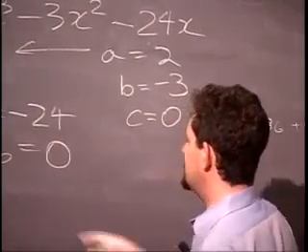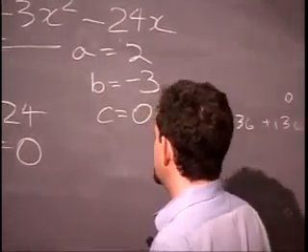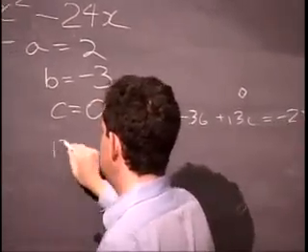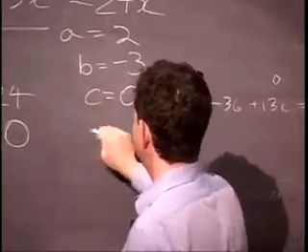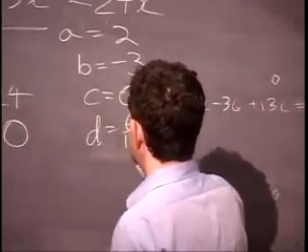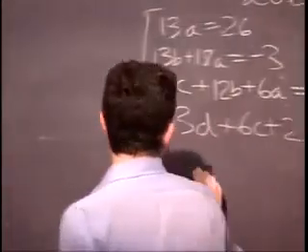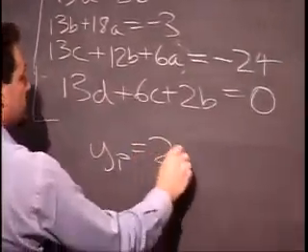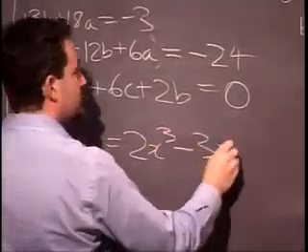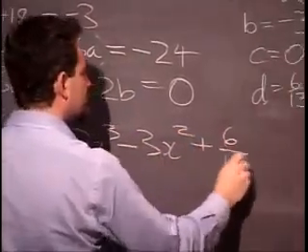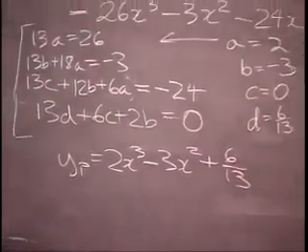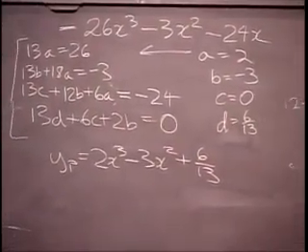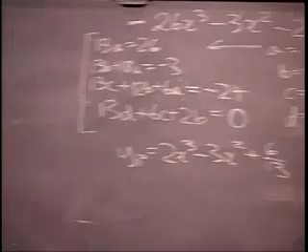And in here, 2b, 13d equals 6. So d is 6/13. So if I'm not mistaken, yp is 2x cubed minus 3x squared plus 6/13. And I intend to check this, because working stuff out on the board in a hurry is never very reliable. Yes, that seems to be what I got.